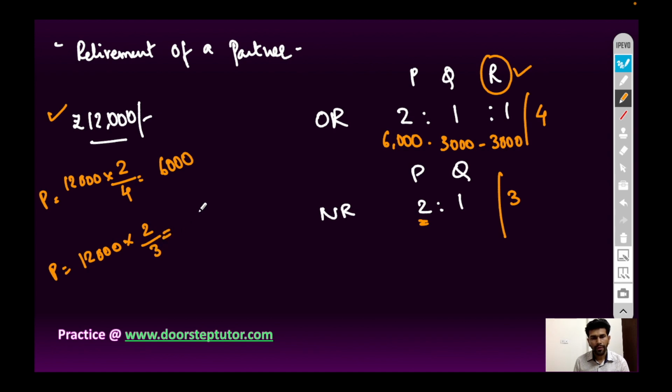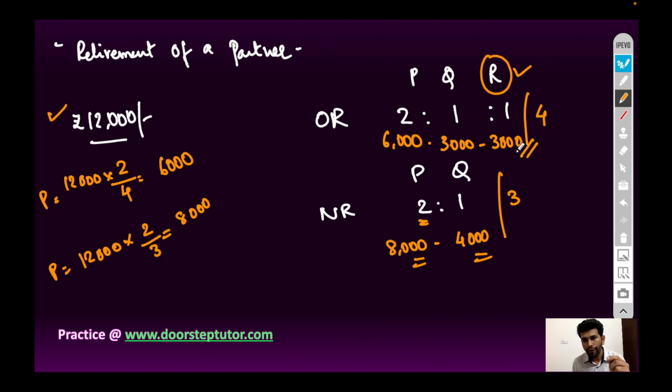So the amount will be 8,000 rupees. Q is getting half of Mr. P. So new profit sharing ratio is 2 is to 1, and now profit will be distributed as 8,000 and 4,000.